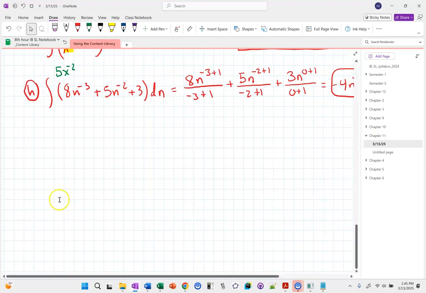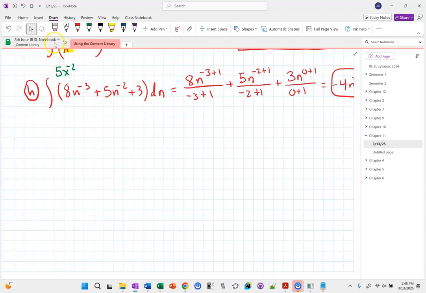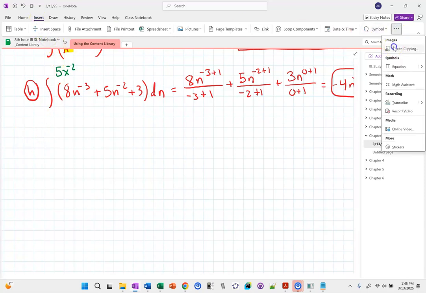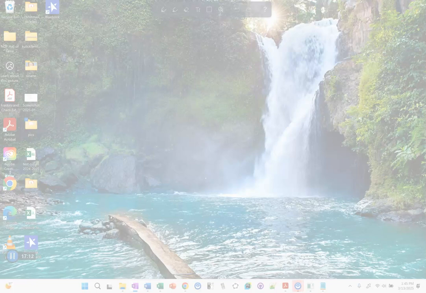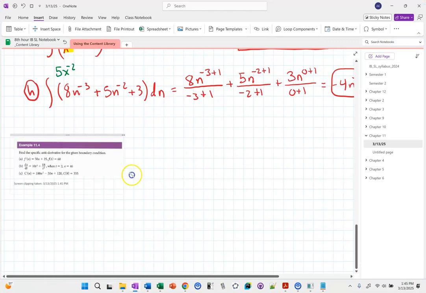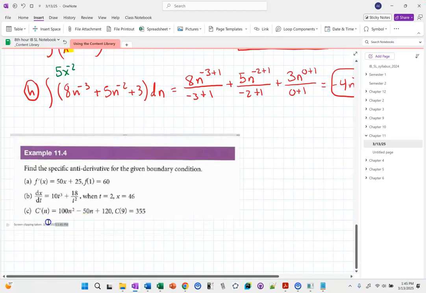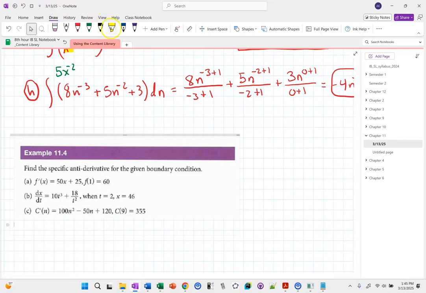So if I knew any point on the original function, I would be able to find the specific C. Without that extra point, I can't do anything to find the C. So for example, if I ask to find the antiderivative and I'm given an extra piece, that's what their textbook refers to as a boundary condition. I can use that extra piece now to find the specific C.